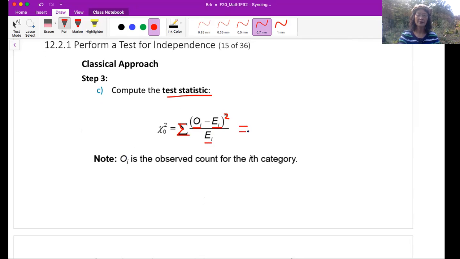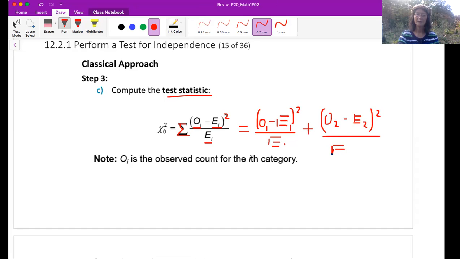So chi-square is the first observed minus expected squared over E. This is the first one. Then do the second one. The second observed minus the second expected squared divided by expected. Keep on going. That is sigma. Add them all.